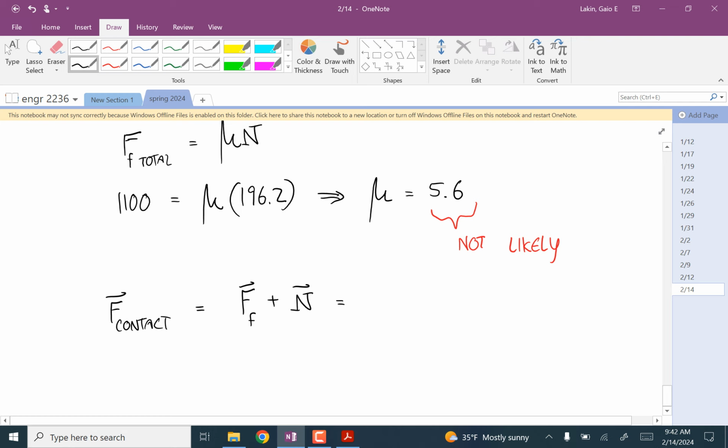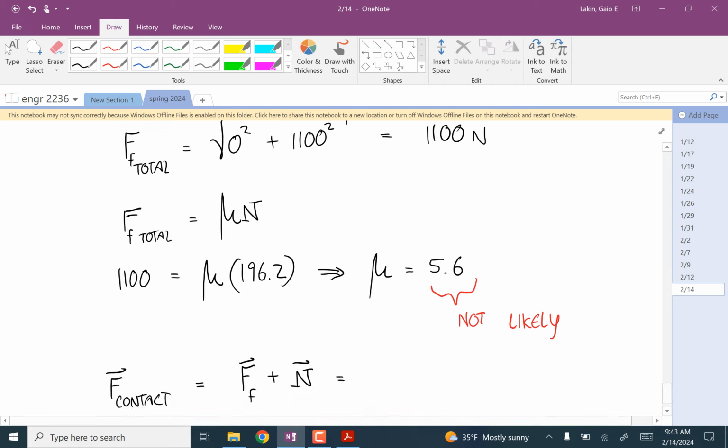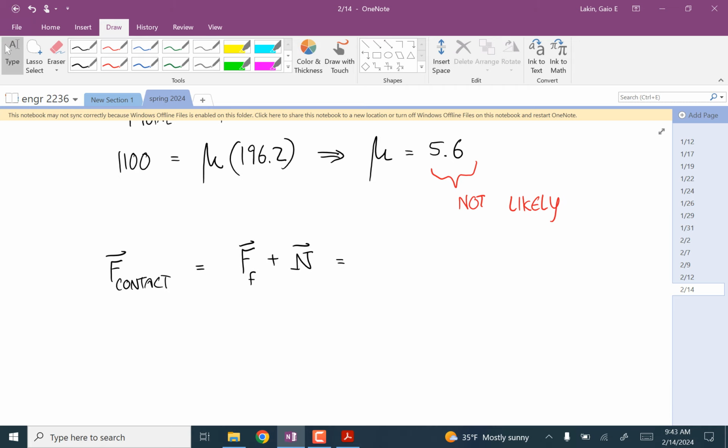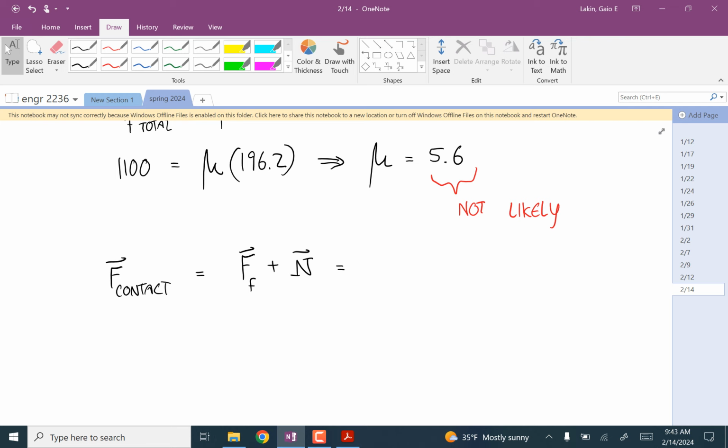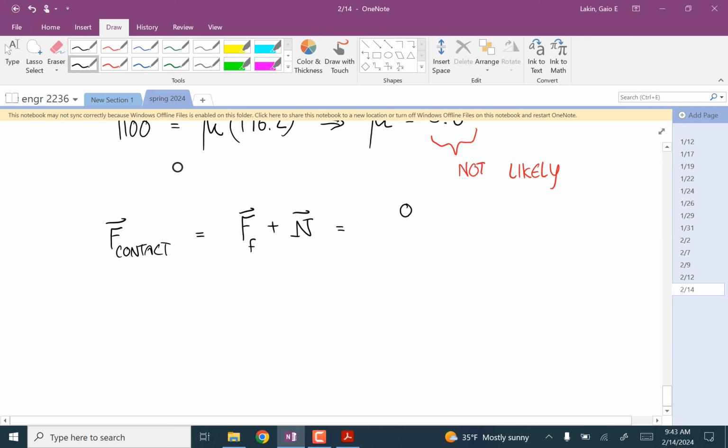So that's the friction, or so the normal force is in the positive z. So we got 0, 1100, 196.2. That's the contact force.